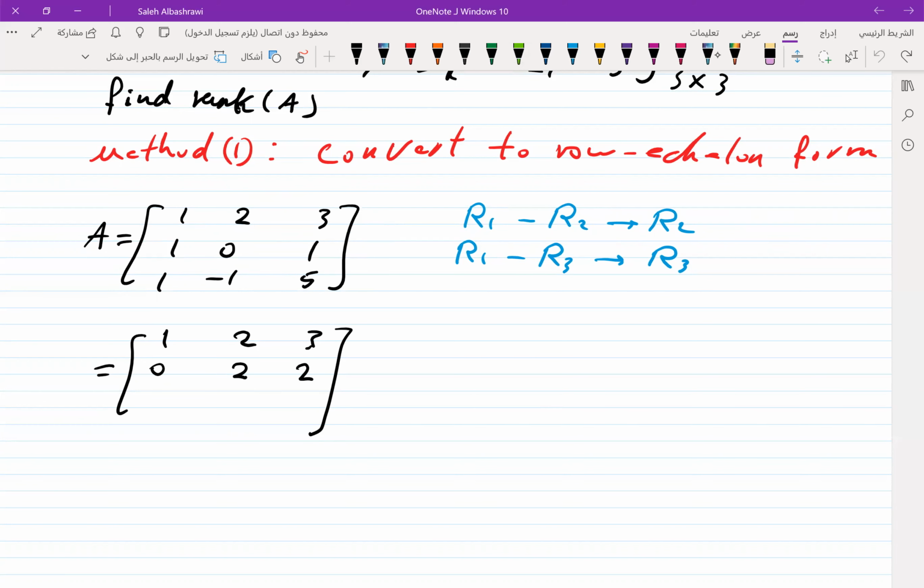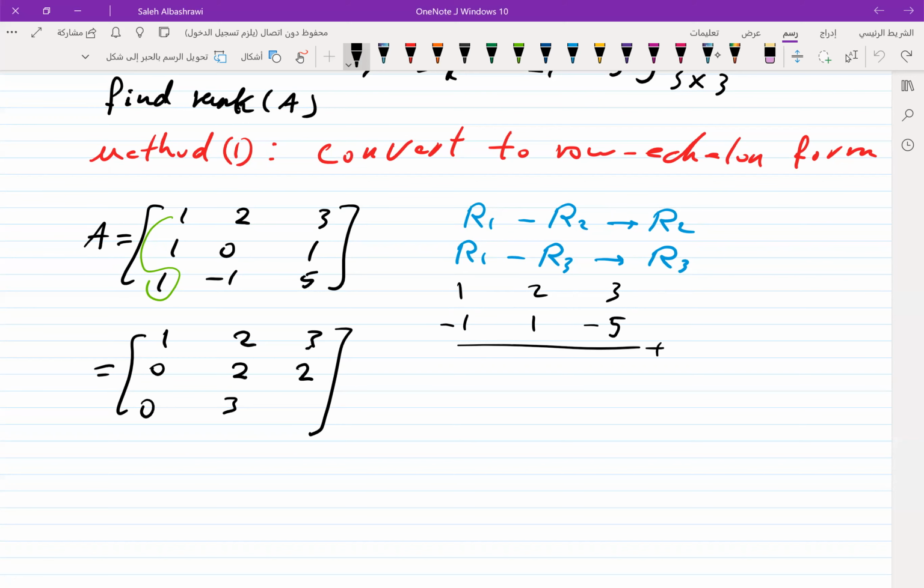Now let's do the operation R1 minus R3. 1 minus 1 gives 0. 2 minus minus 1 is equal to 3. For the third one, it will be 1, 2, 3 and minus 1, 1, and minus 5.